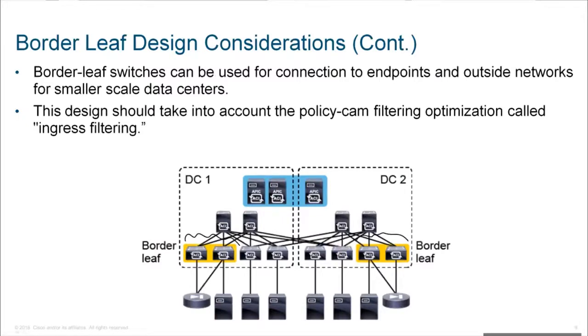Now, can I use these for more than two? Can I use them as border leaves for the WAN connection, or to a firewall in this case, but to a WAN router, for example? Can I use more than two with the same VLAN encapsulation?